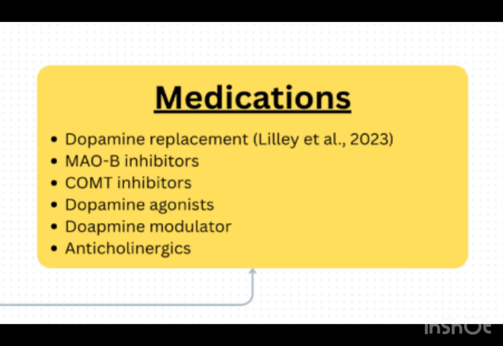All right, so the next is medications. The thing about Parkinson's is there's no cure, unfortunately, for this disease. What drug therapy does is help manage symptoms and improve quality of life. The first of these drugs is known as dopamine replacement drugs, such as carbidopa and levodopa.